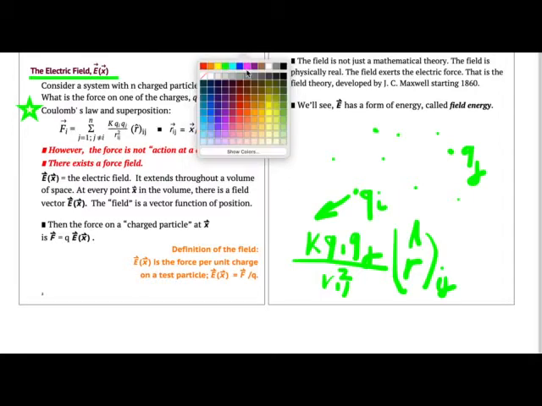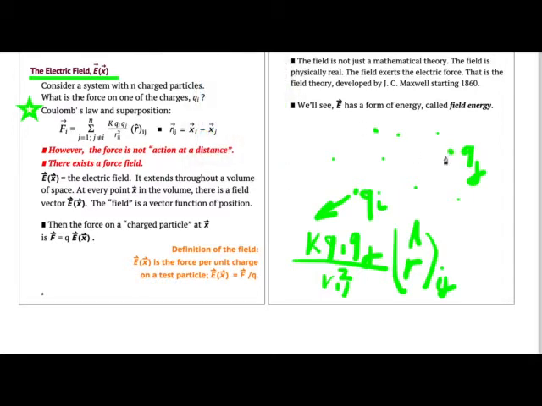Let's put that in a different color. So here is the vector R vector Ij. It's the vector from I to j.